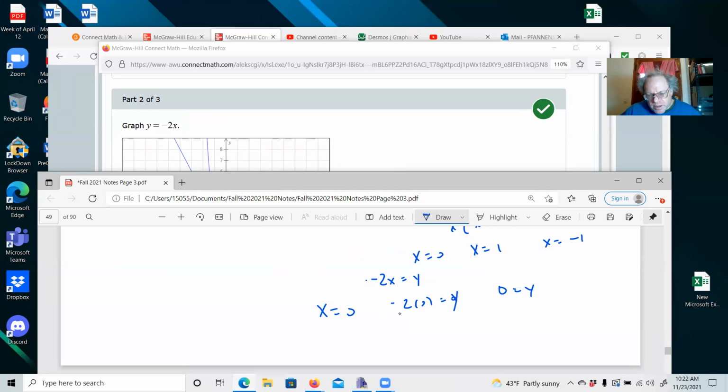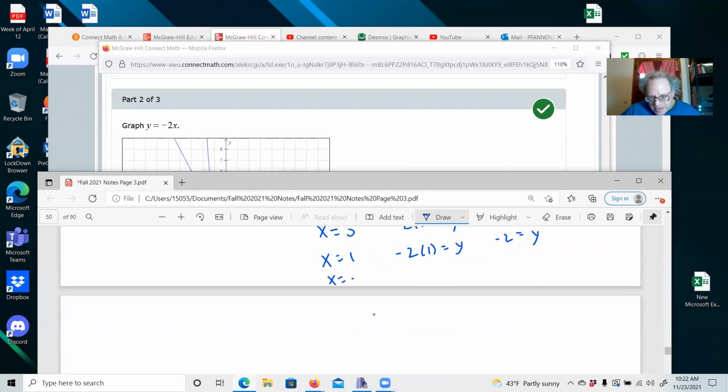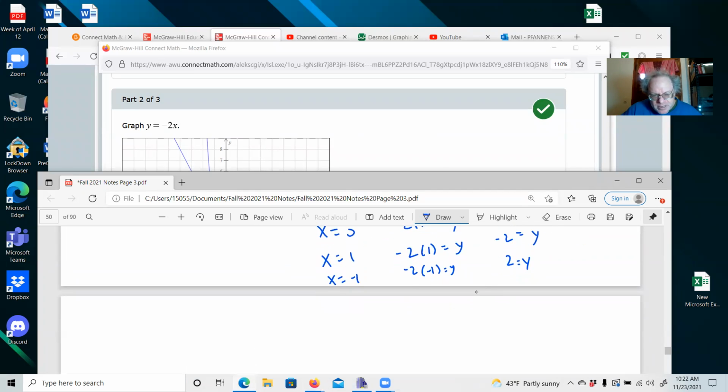When x equals 1, we've got negative 2 times 1 is equal to y, so negative 2 equals y. And x equals negative 1, we have negative 2 times negative 1 is equal to y, positive 2 equals y.